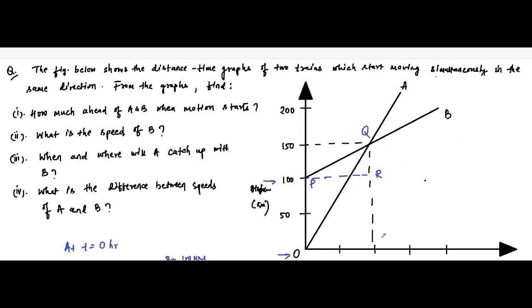This is the third bit, and then we have to find the difference between speeds of A and B. So the speed of A we have to calculate from this curve OA, from this OQ portion.